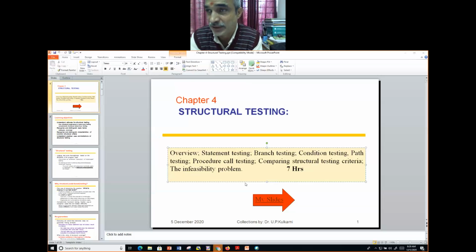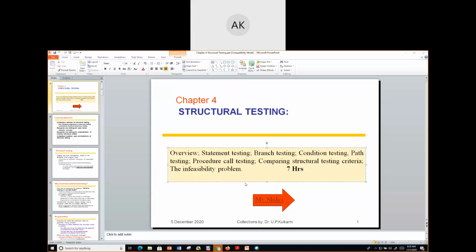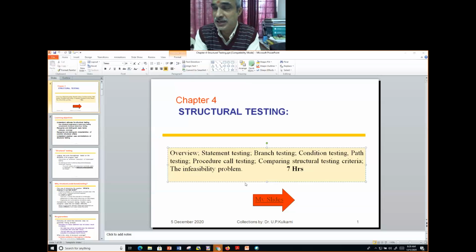Ashish, note down that also in your class question bank. For the given program, do the following. First one, construct the control flow graph, CFG, using basic blocks.